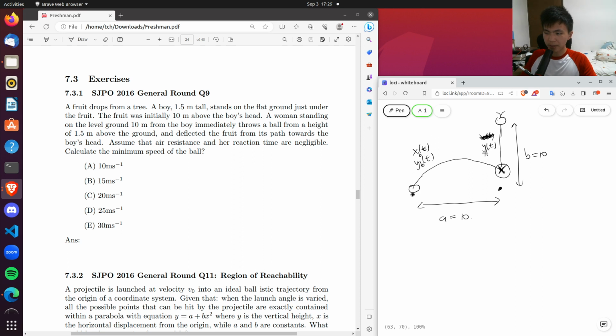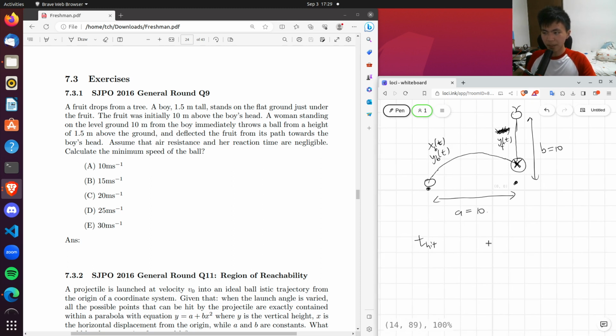So let's denote this as x of b and y of b for the ball, and the other one would be y of f for the fruit. There exists a certain time, t hit. Let t hit be the time that the two items hit each other. At this time, when they hit, they must satisfy two conditions.